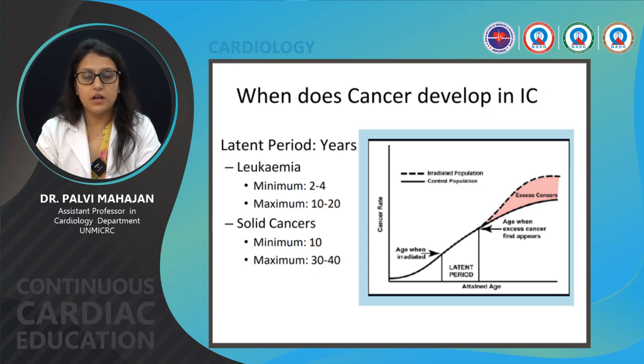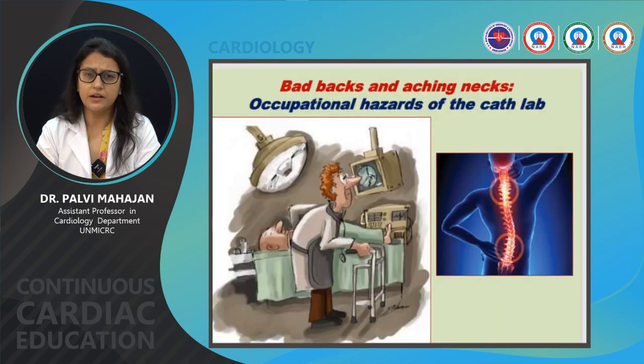For leukemia, the minimum latent period is 2 to 4 years and the maximum is 10 to 20 years. For solid cancers, the minimum latent period is 10 years and the maximum is 30 to 40 years. Bad backs and aching joints are the occupational hazards which we usually encounter.